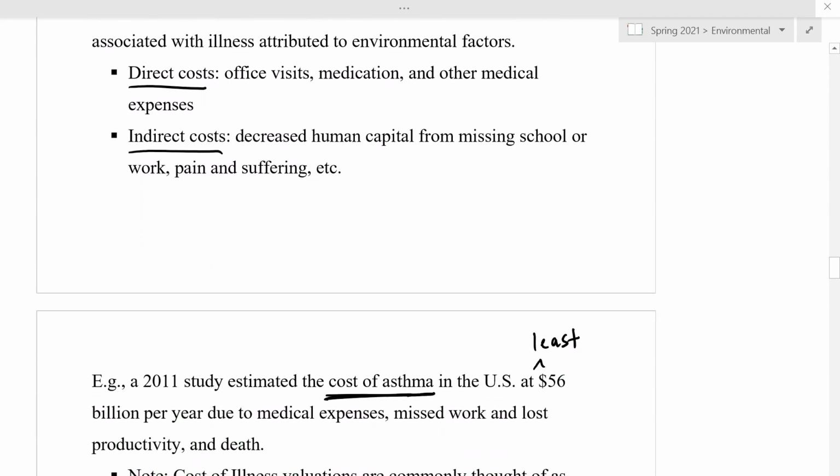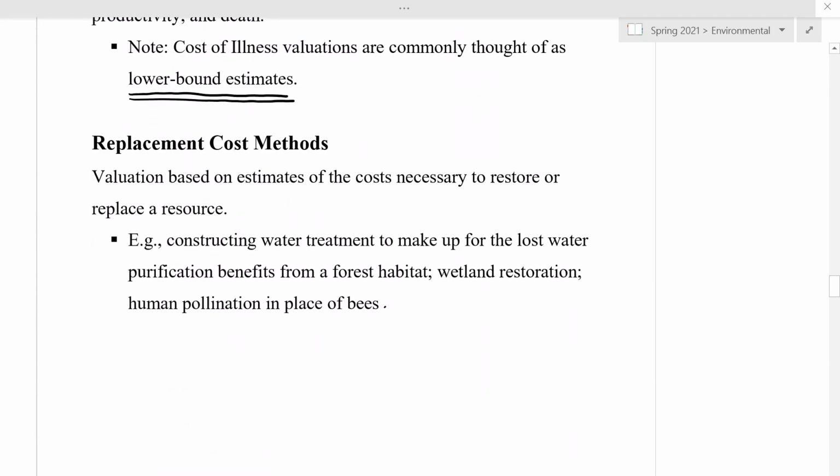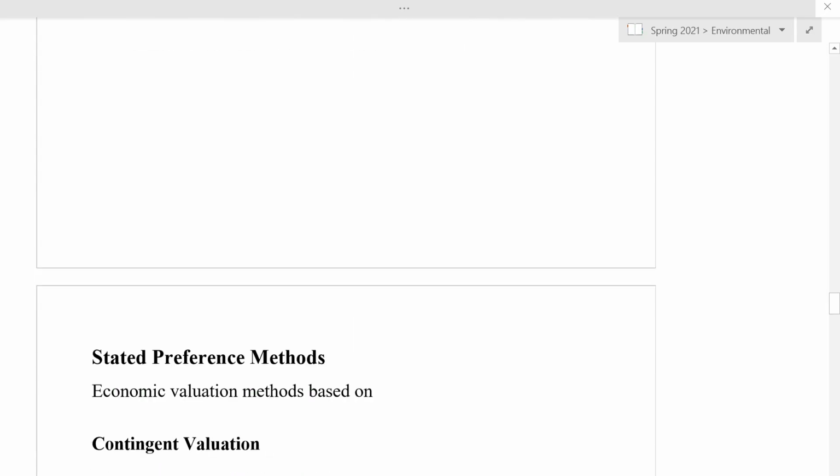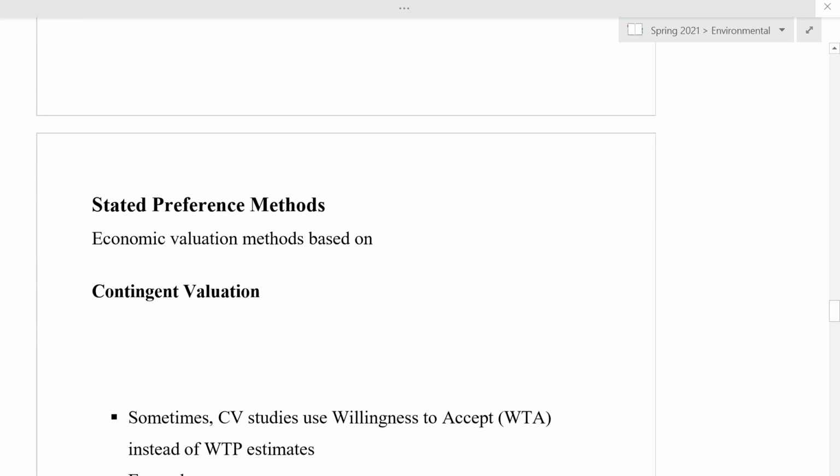They do exist, and people do conduct these types of analyses, but the more common methods are these stated preference and revealed preference methods. So let's do stated preference, and then we'll save revealed preference for its own video. Stated preference methods are based on survey responses to hypothetical scenarios.